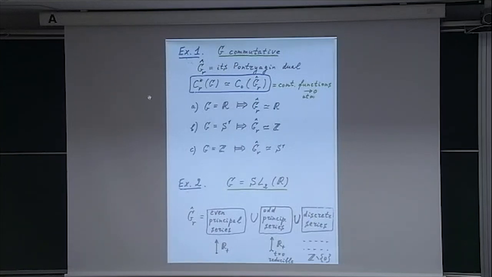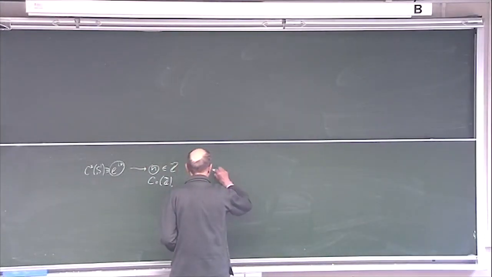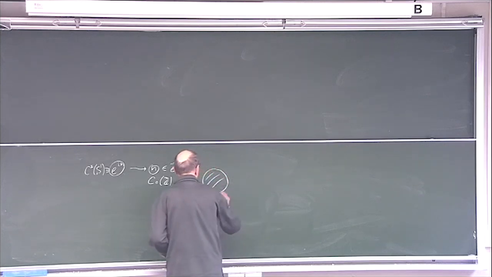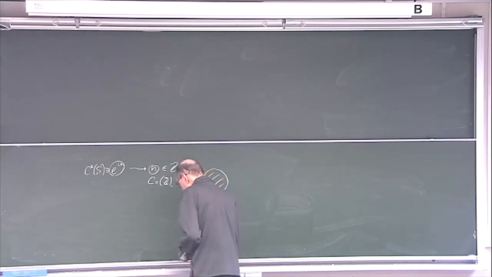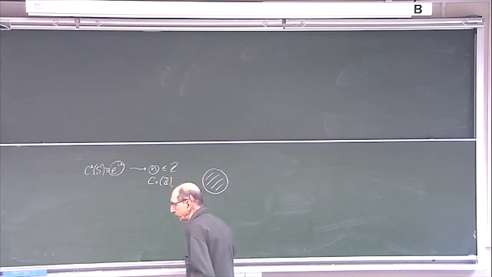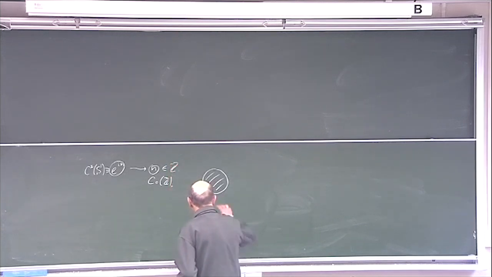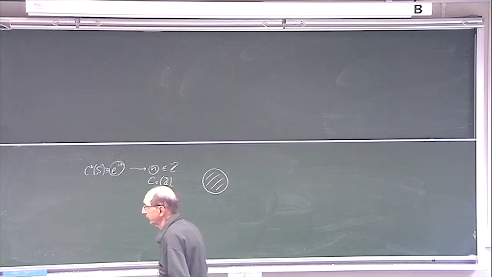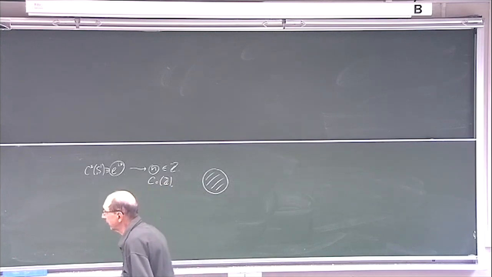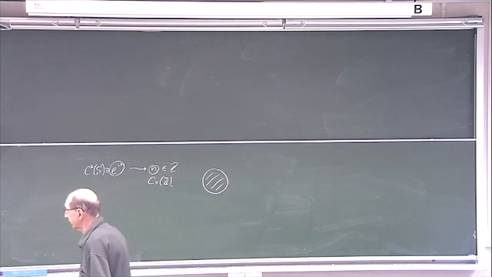Essentially discrete series occur as, if you take the action of SL2R on the Poincare disk, say you take all holomorphic functions and all anti-holomorphic functions and some more sophisticated holomorphic sections of certain vector bundles, you get what are discrete series representations of SL2R.